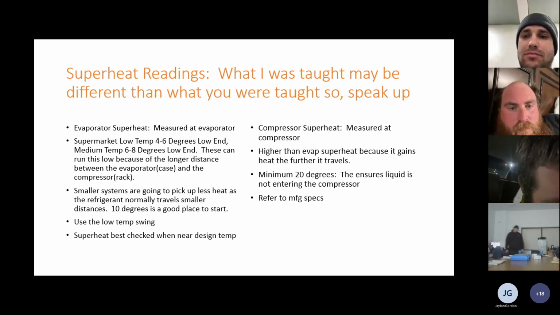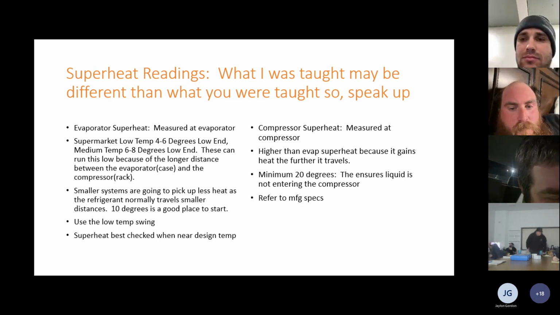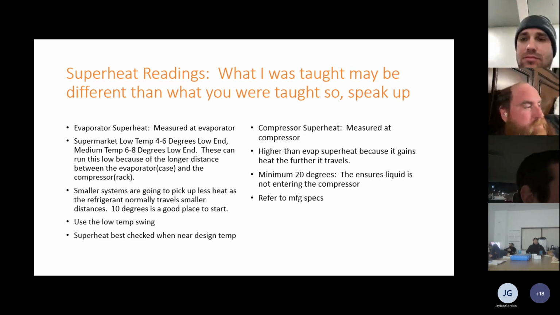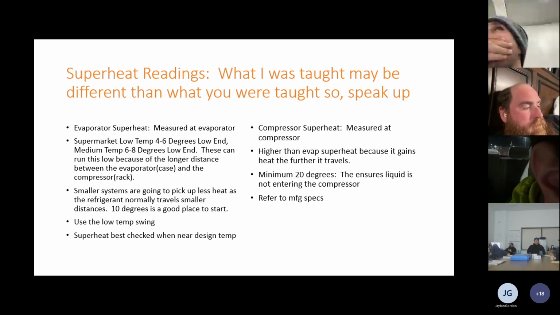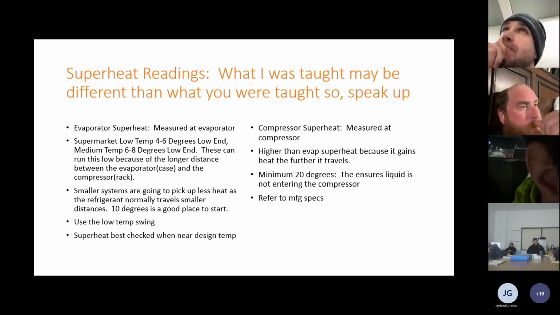Some guys just forget about the other things going on and start adjusting the valve. But if your case satisfies on temp or your thermostat satisfies and it de-energizes, all of a sudden your superheat's high because it's not feeding anymore. Just be mindful of those scenarios before you start adjusting valves.